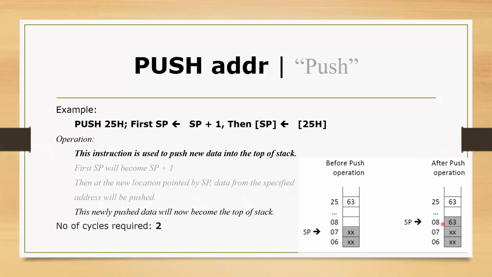The specified address is 25, the value in 25 is 63, so 63 is pushed to location 08. This newly pushed data now becomes the top of the stack. The number of cycles required is 2.